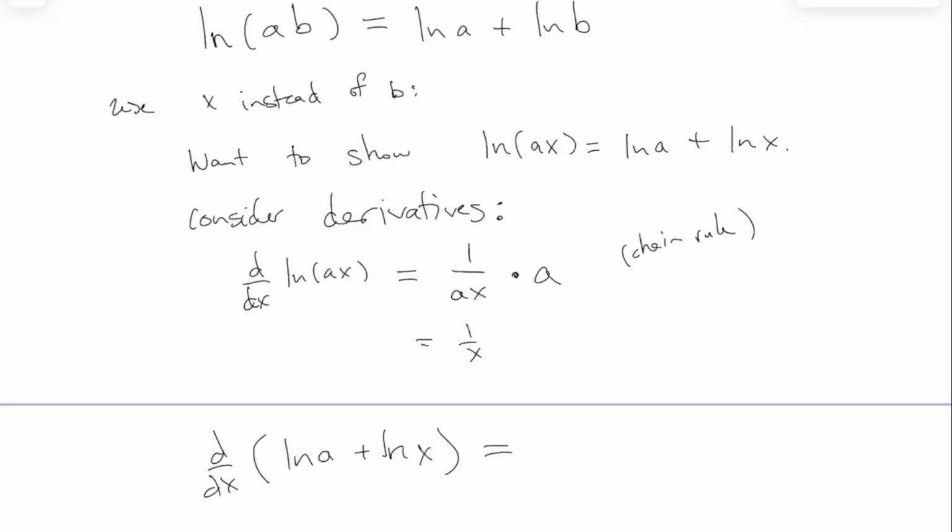Now, if I'm considering a to be a constant, that means that ln a is also a constant, and so that part will become 0 when I take the derivative, and all that I get is the derivative of ln x, which is, maybe I'll just write 0 plus 1 over x, right? ln a becomes 0 because there's no x there. ln x becomes 1 over x because that's what the derivative of ln x is, and so this is 1 over x. All right. Now, what you see so far is this derivative is 1 over x, and also this derivative is 1 over x.